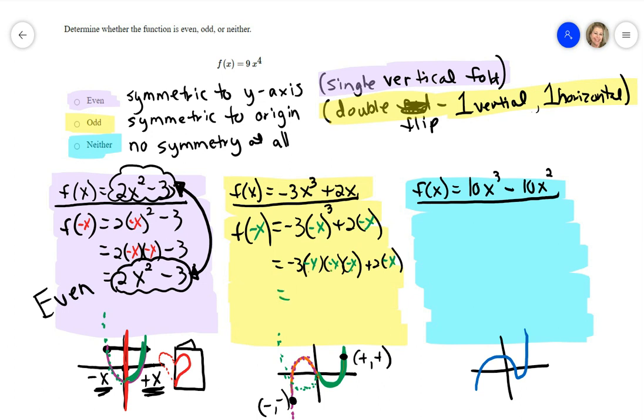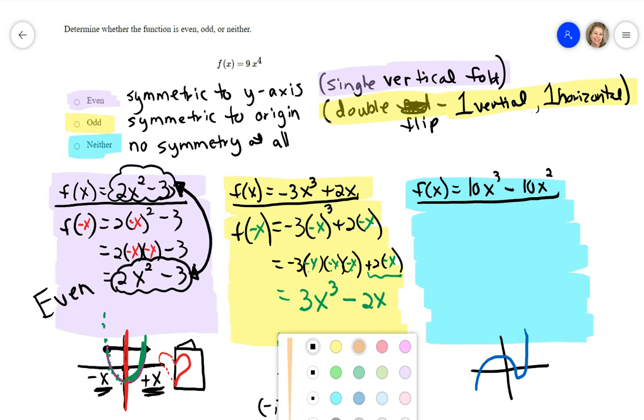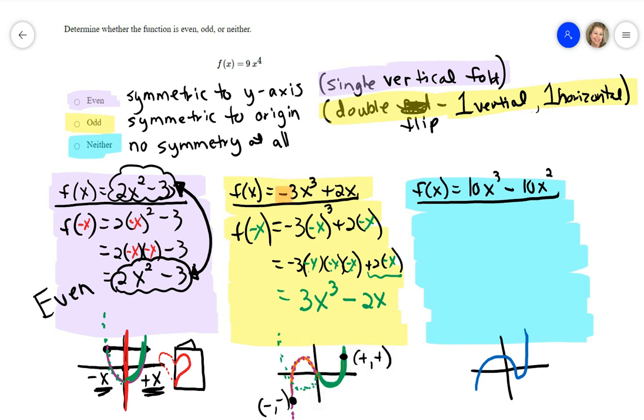That's going to be a positive 3x cubed. But then back here, a positive times a negative makes that a minus 2x. If I compare my functions, I have a negative and then a positive. It has switched to a positive and then a negative. That's the double. They both have to change.